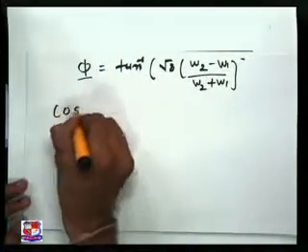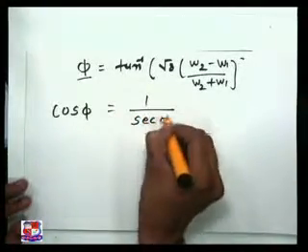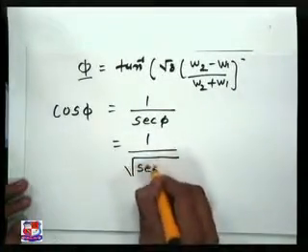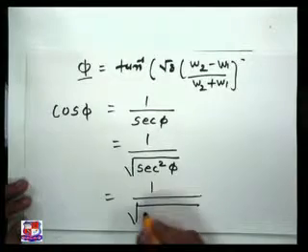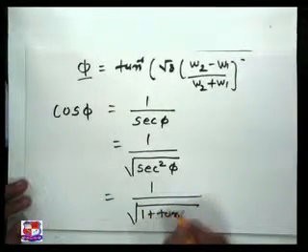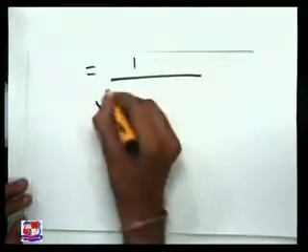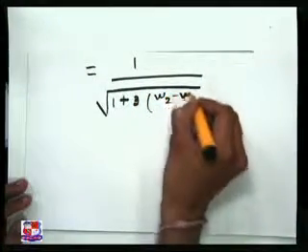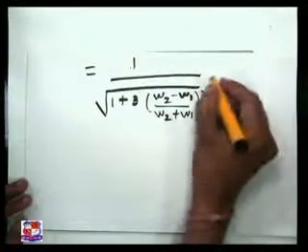Then what is cos φ? Our power factor cos φ is equal to 1 upon sec φ. Then if we take the square, sec square φ is equal to 1 plus tan square φ. Then cos φ is equal to 1 upon the square root of 1 plus 3 into W2 minus W1 upon W2 plus W1, whole square.